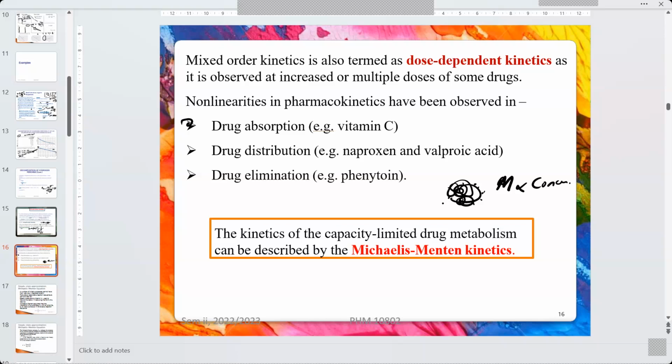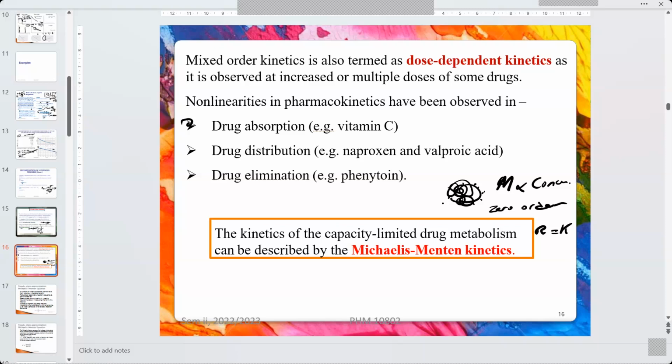And then if you increase the dose beyond a certain limit, increase the concentration beyond the saturation limit, then the rate will not increase anymore because you have already occupied all these binding sites. After this, it will become zero order. In zero order, the reaction rate equals K, it is constant. So below the capacity limit, it will proceed as first order.